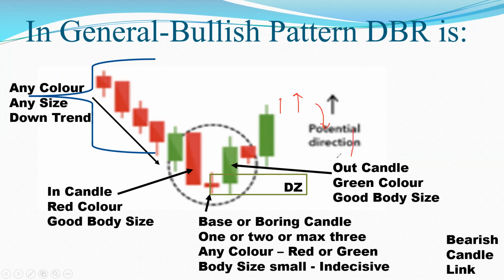And when it comes to that level where my demand zone is marked, where is my demand zone marked? Over here. So when the stock comes to this level, I will buy, enter the stock.